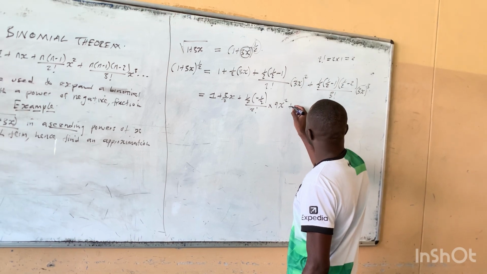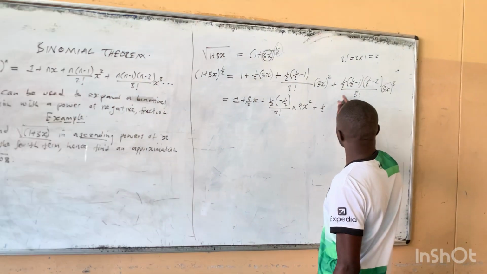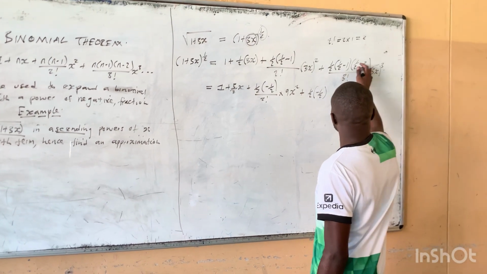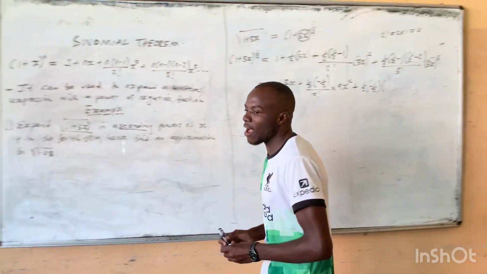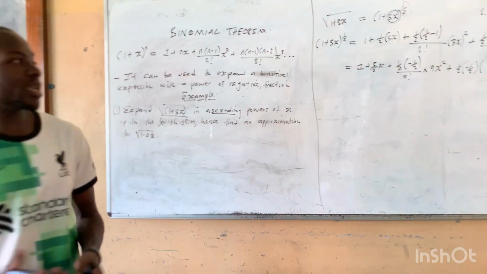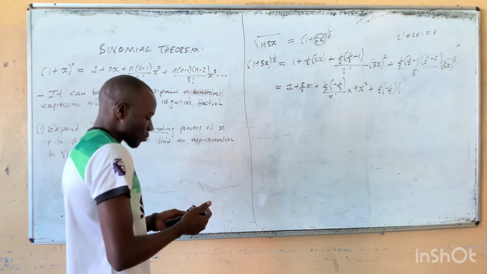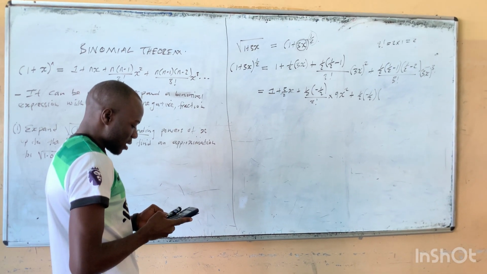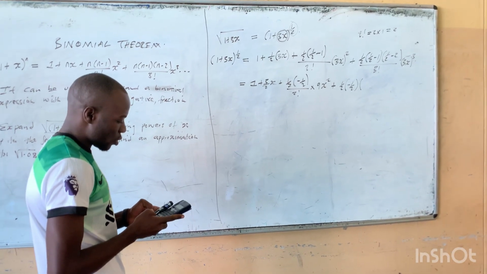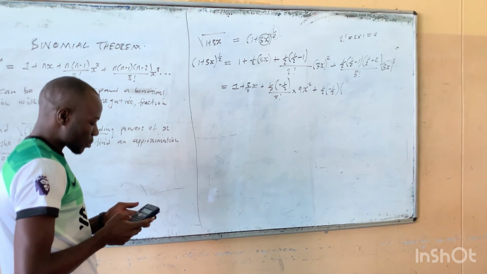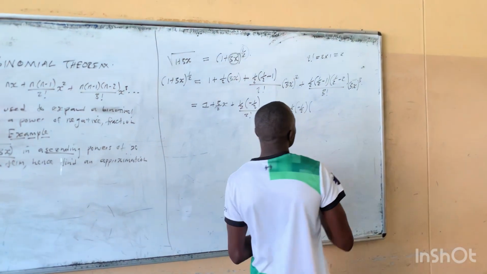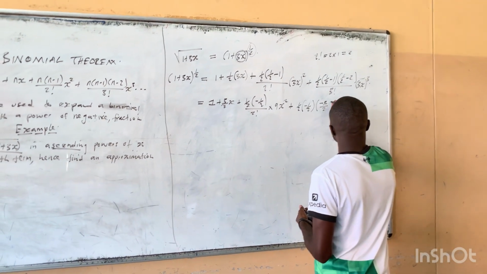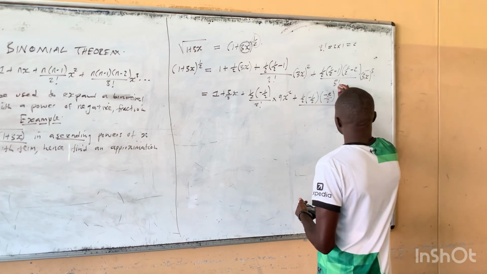Plus, here you have 1/2, and inside the brackets you have negative 1/2. What do you get when you say half minus 2? When you lessen 1/2 by 2, you get negative 3 over 2. So here we are getting negative 3 over 2, over 3 factorial.